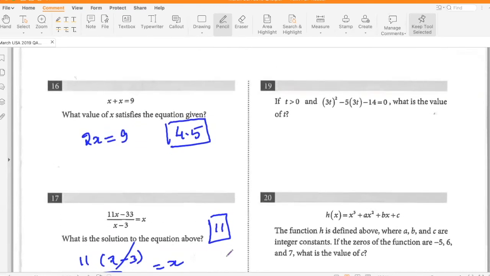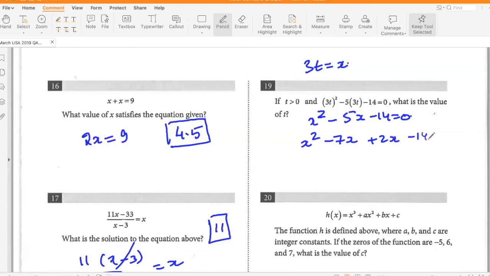If t is positive and 3t² - 5(3t) - 14 = 0, what is the value of t? So let 3t be x, so I get x² - 5x - 14 = 0. So x² - 7x + 2x - 14 = 0. So (x - 7)(x + 2) = 0.